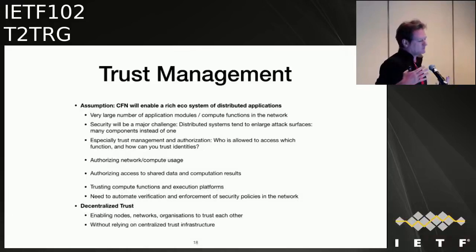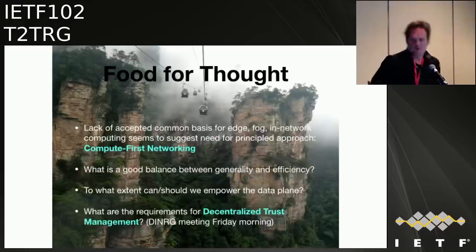And you want to have a system where I can decide, okay, I trust this function but not this one, without necessarily being able to use a centralized trust system for that. This is one specific example why we are looking into this trust management problem.